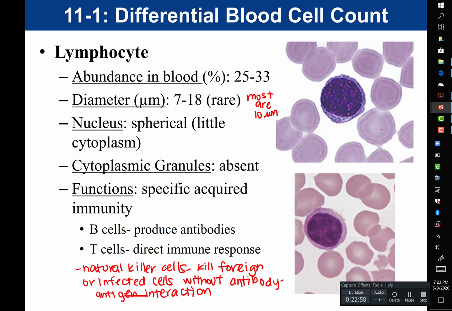So normally your B cells produce antibodies, and those antibodies are highly specific, and they recognize an antigen.